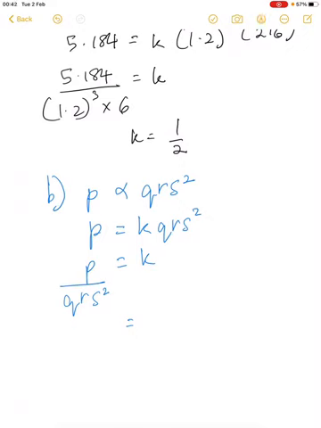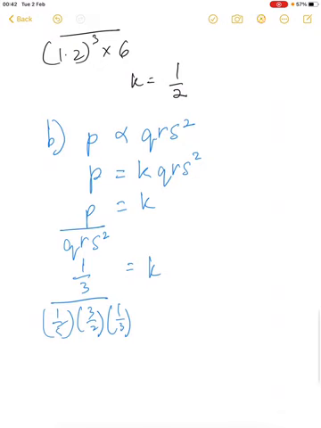And you substitute the values, P 1 over 3, Q 1 over 5, R 3 over 2, S 1 over 3, equals to K. So K equals to 1 over 10, 10 over 1.